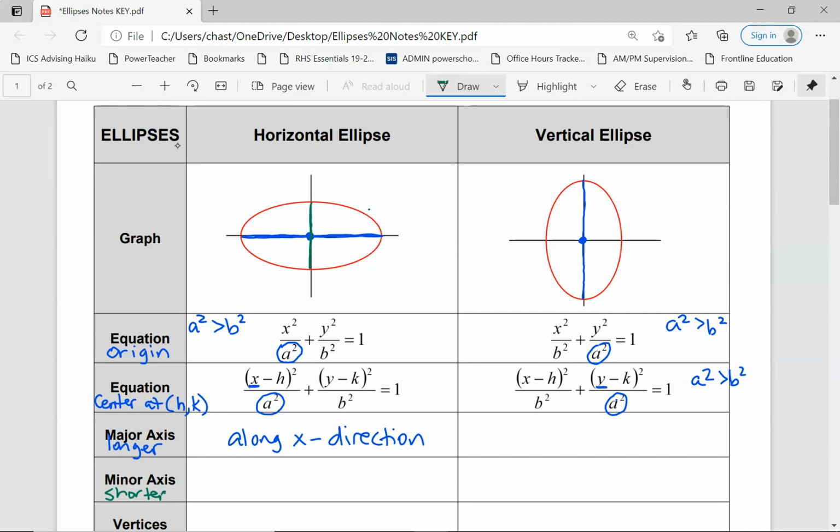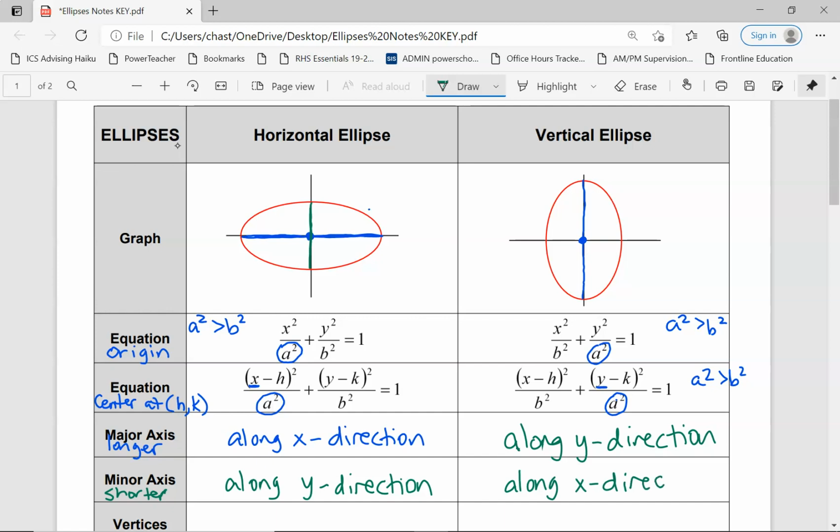In this example, on the horizontal ellipse, the minor axis would be along the y direction. And on a vertical ellipse, it's just going to be reversed. The major axis will be the one along the y direction, because it's not always going to be on the y-axis. And the shorter axis on the vertical ellipse will be the horizontal one, so along the x direction.